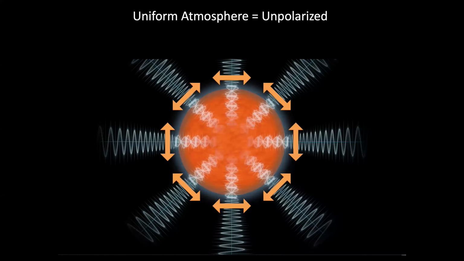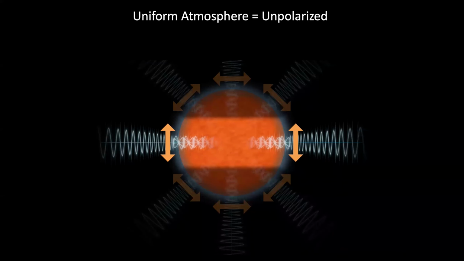So to get a polarized signal, we actually need to have some kind of asymmetry in the atmosphere. And so here's an example of a big fat central band of clouds, or clouds at the pole, where we end up having different amounts of polarization coming out of the different parts of the atmosphere. And so in this case, we have the band at the center being more polarizing than the poles. And this can leave us with a net polarization that we can then measure.